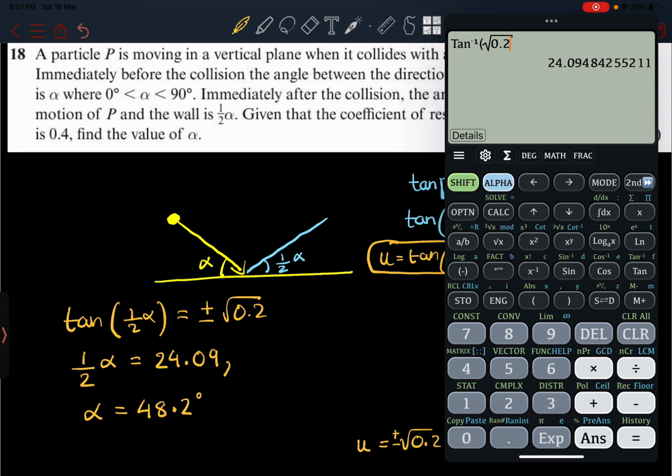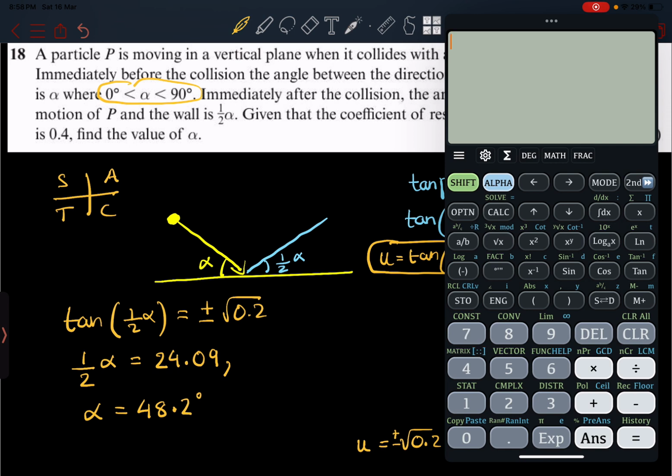Or if you remember ASTC, half alpha could also be 180 plus 24.09. But the problem is we can't use that because I know alpha has to be between 0 and 90 degrees. Another possible solution is I can use the negative square root.